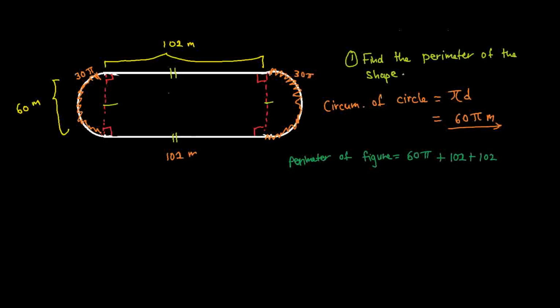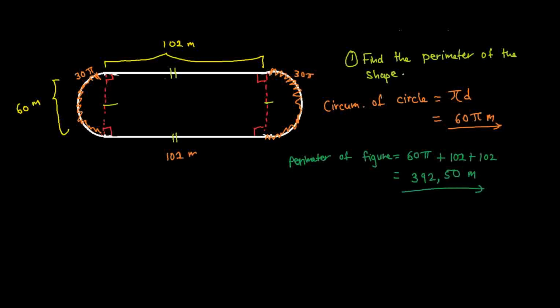So technically, I said 30 pi plus 102 plus 30 pi plus 102, and that will give me the perimeter of the shape. So it's 60 pi plus 102 plus 102, and that is equal to, if I round to two decimal places, 392.50 meters, and that is my final answer.